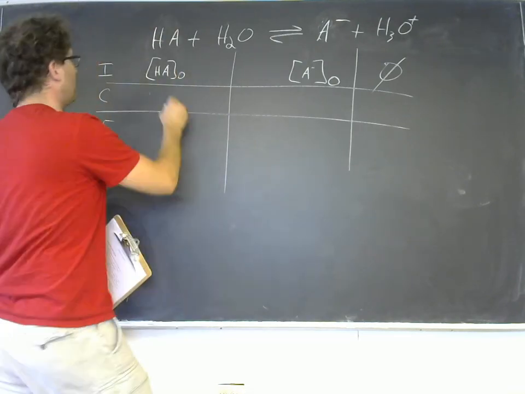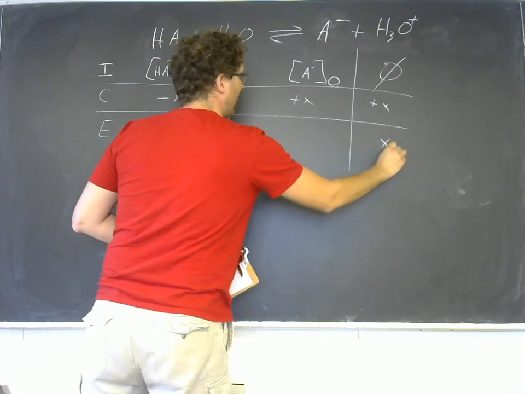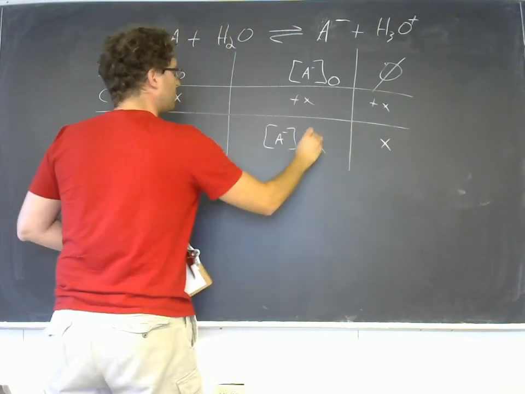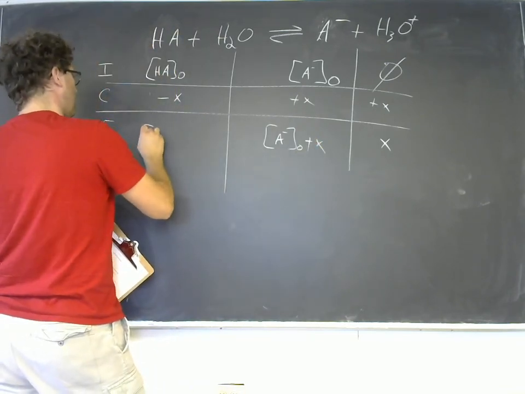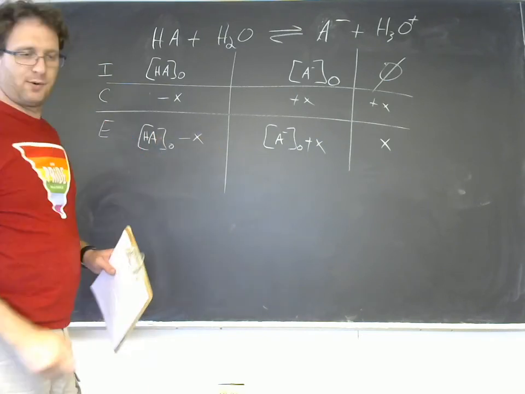Now I could do an ICE table: minus x, plus x, plus x, and here I get HA not minus x. There we go.